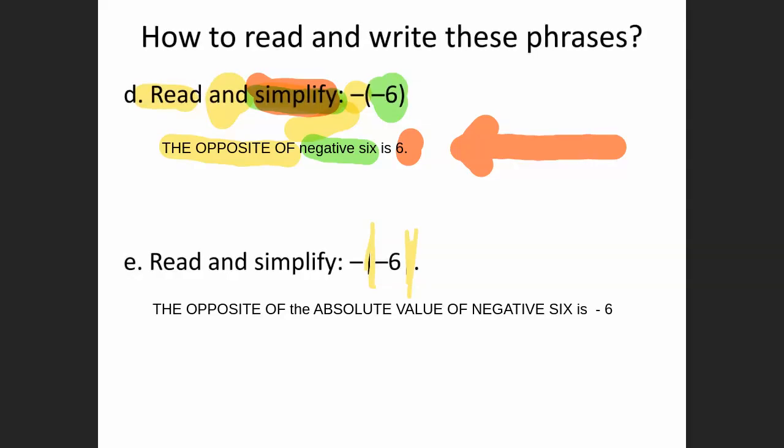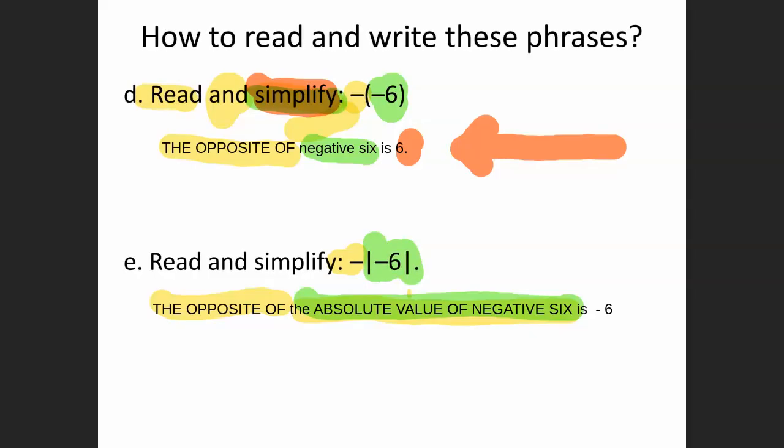Okay. The phrase, the opposite of, is representing that negative sign in front. That's this side. Now, the phrase, the absolute value of negative 6, is the bars with the 6 inside.